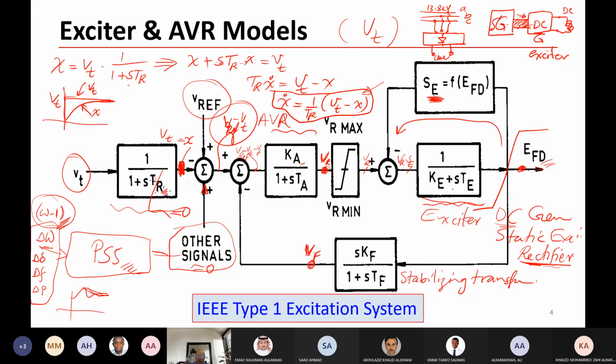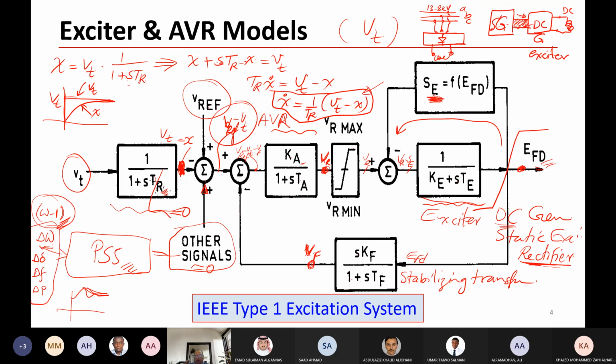So you can write the other equation. VF equal to EFD: you have the signal here, which is EFD, and this EFD will be multiplied by this, so sEFD will be EFD dot, and 1 plus sTF will be multiplied by VF. So you also have VF dot.